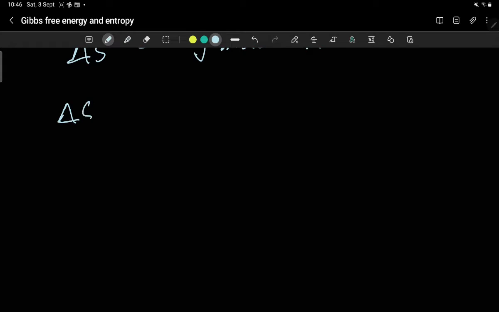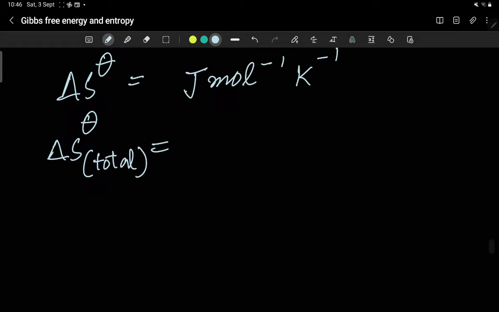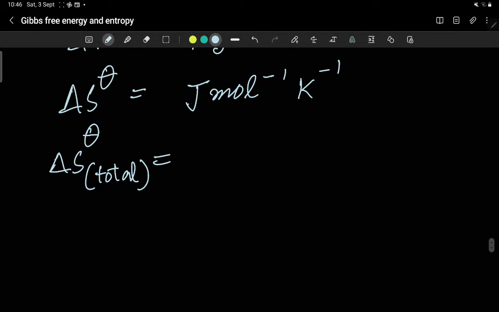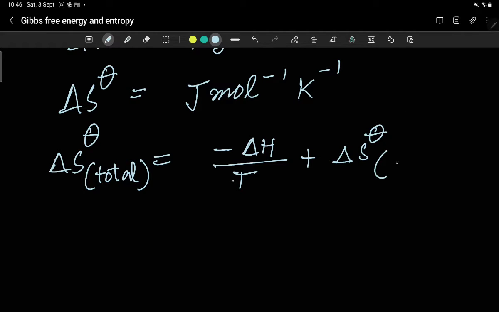So delta S total, the total standard entropy, is equal to delta S surrounding, the value of which is minus delta H divided by T, plus delta S of the system or reaction, you can say.